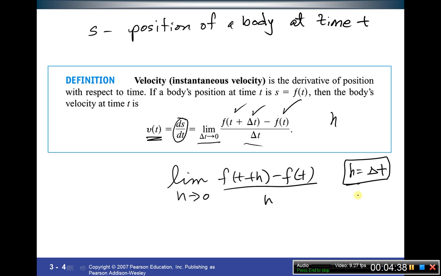Here we define delta t just to show that it was a change in time past the time t. So we have instantaneous velocity, which is the derivative with respect to time of the position.